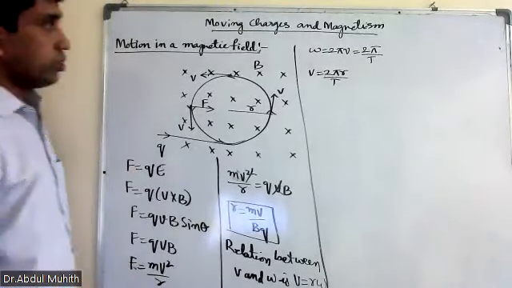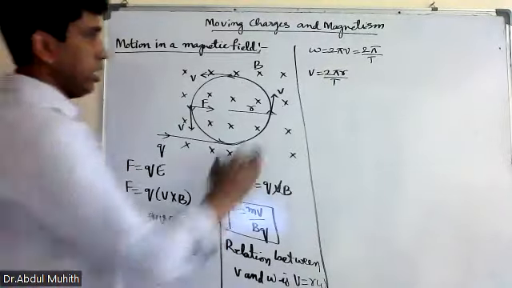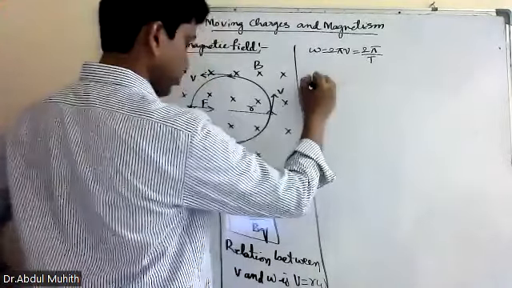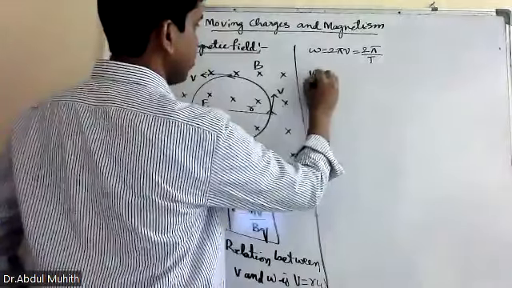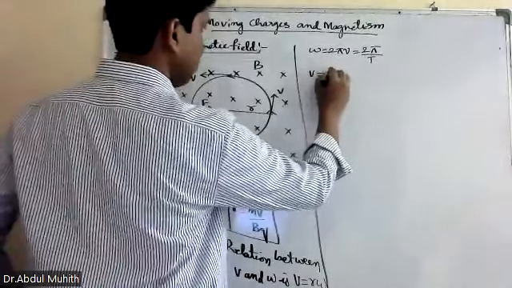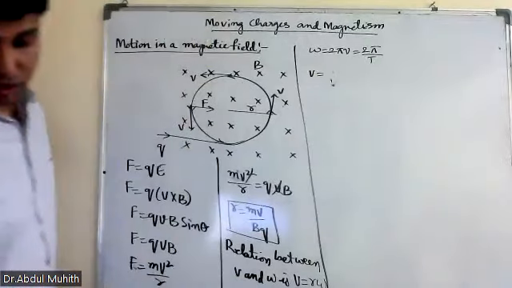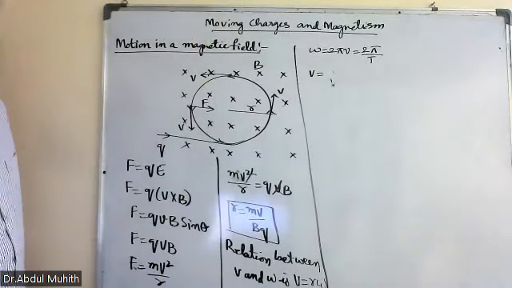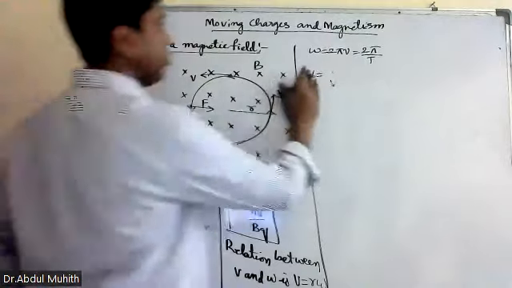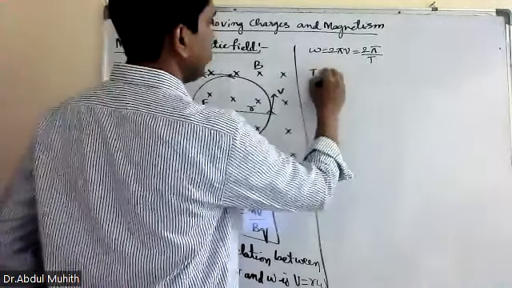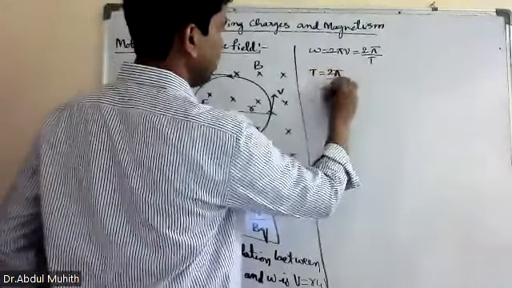So we can also write omega. I need omega. r is equal to mv by Bq, right? So T should be equal to 2 pi by omega.